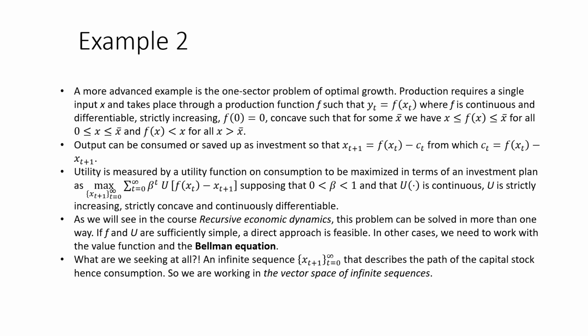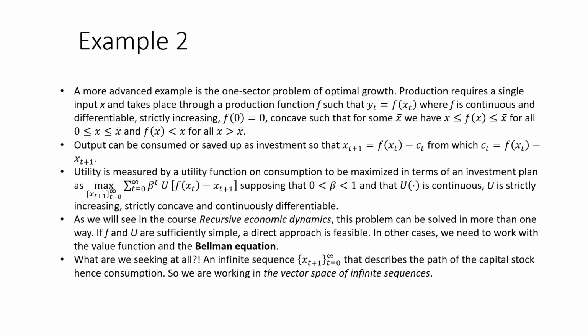In the second point, you can see the dynamics of the capital stock. So in any period, there is a certain amount of output from which society consumes, and the rest becomes capital stock next period.